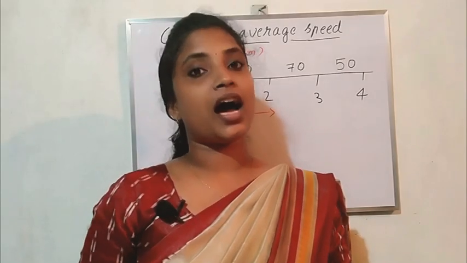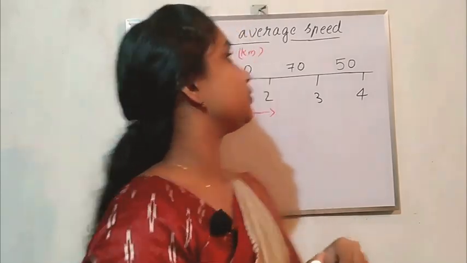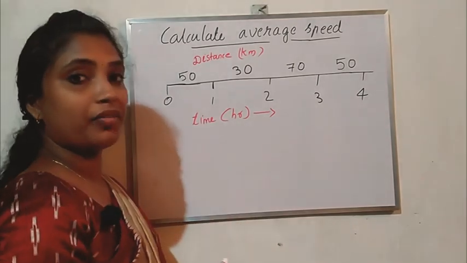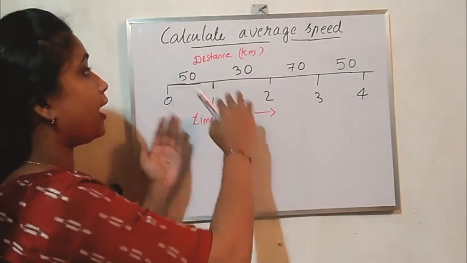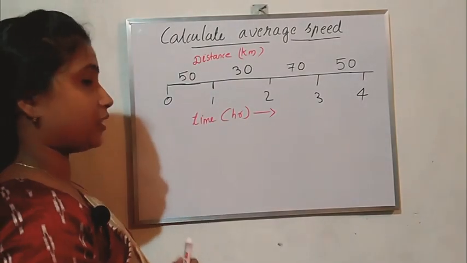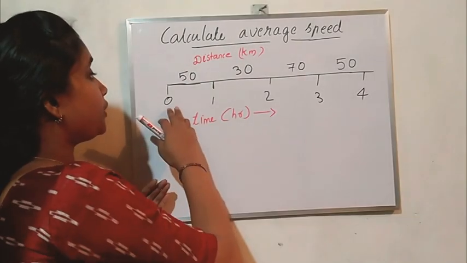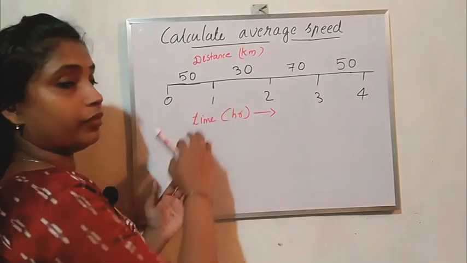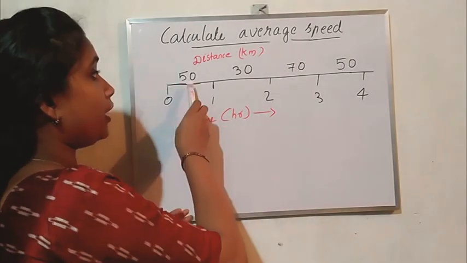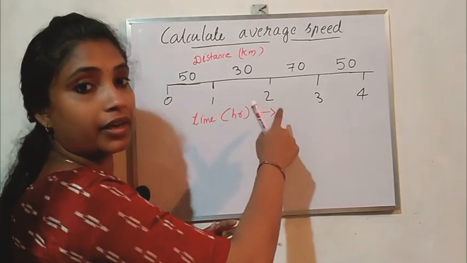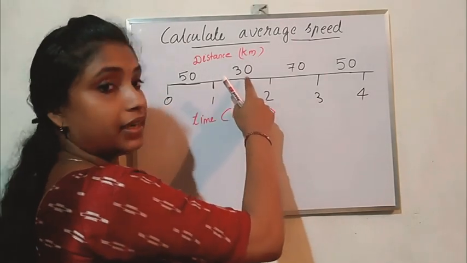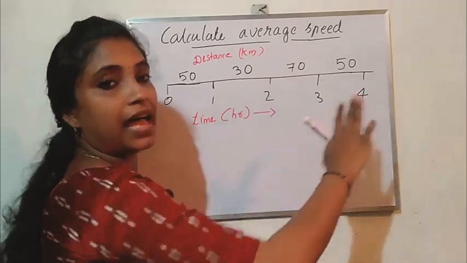Let's calculate average speed of an object. Here it is given time in hour and distance in kilometers. Here look, from 0 hour to first hour the object traveled 50 kilometers and between 1 hour and 2 hour it traveled 30 kilometers and so on.